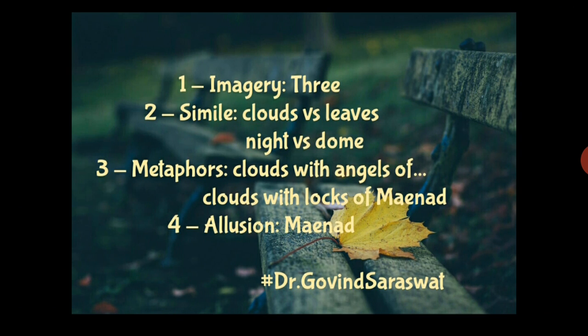Let's talk about some technical features of this stanza. He has presented beautiful imagery, although vague imagery, in this second stanza. The first image is that of a huge tree whose roots are in the ocean and branches very high up in the sky.